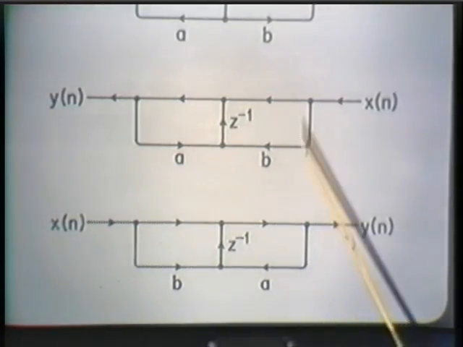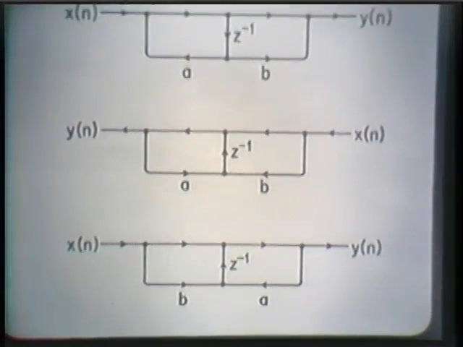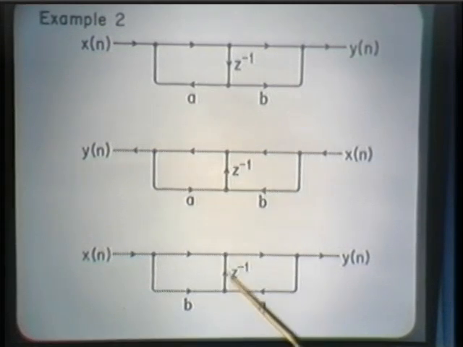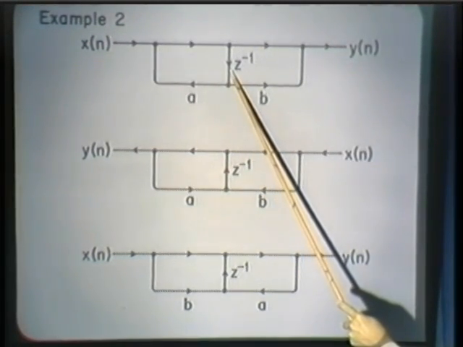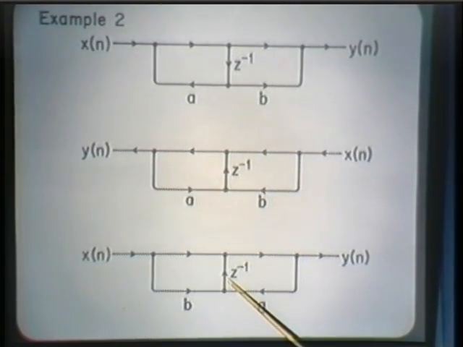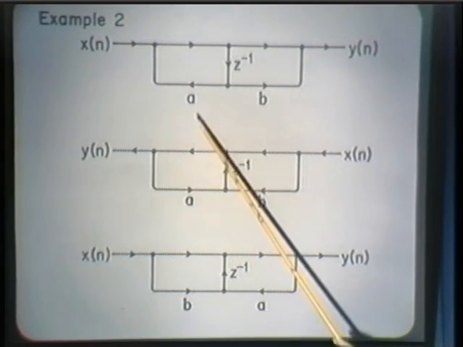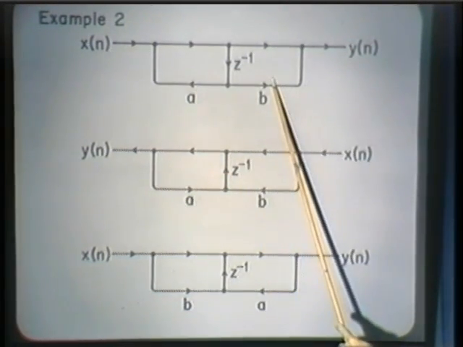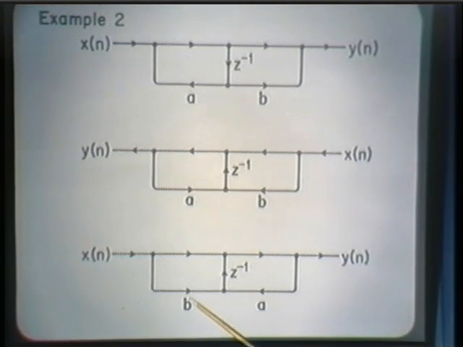And now in comparing these two, there are some changes that took place. In particular, we notice that the direction of the delay branch is reversed. Furthermore, whereas this system implemented the pole first, followed by the 0, this system implements the 0 first, followed by the pole.